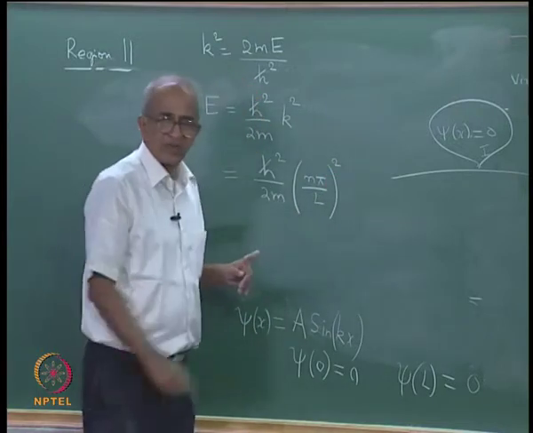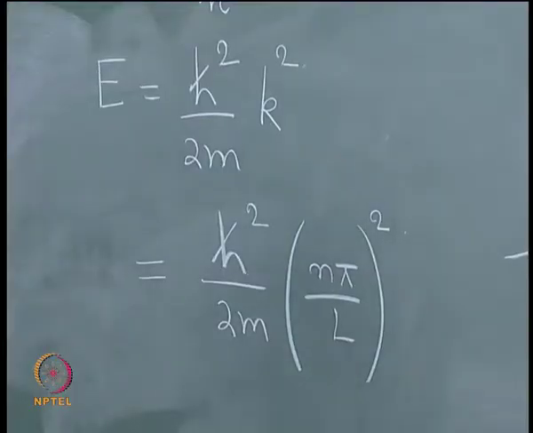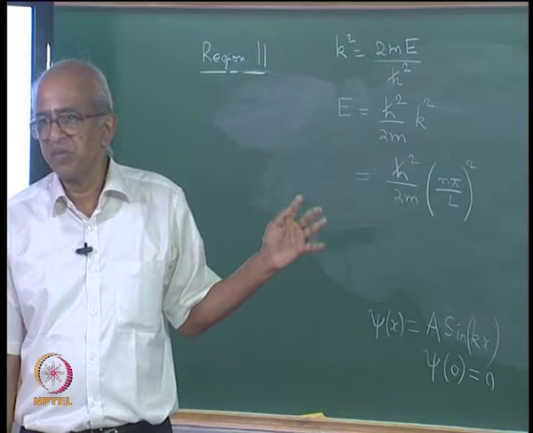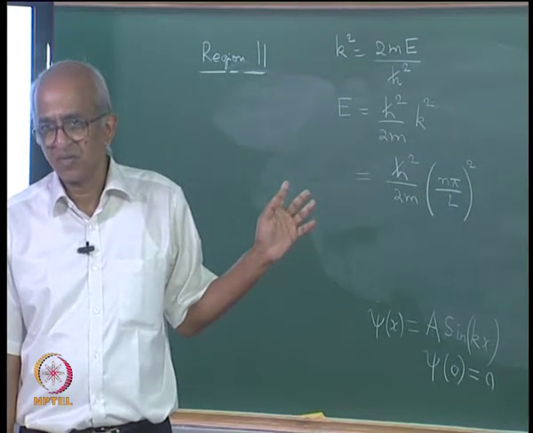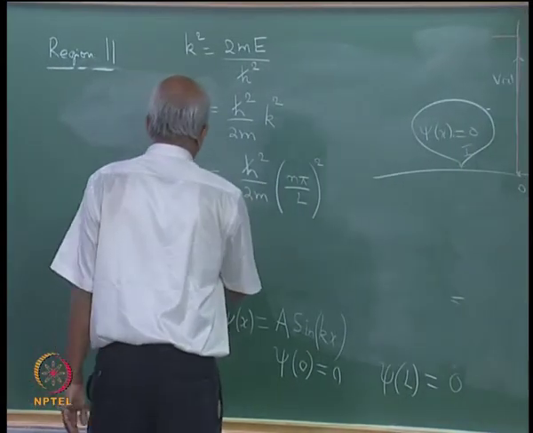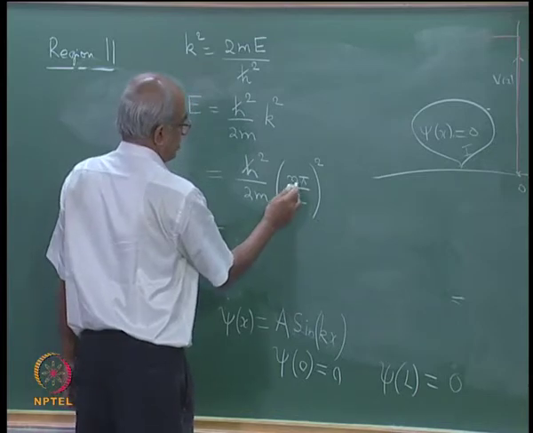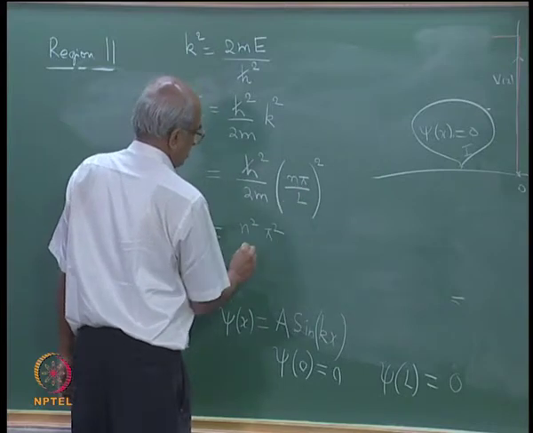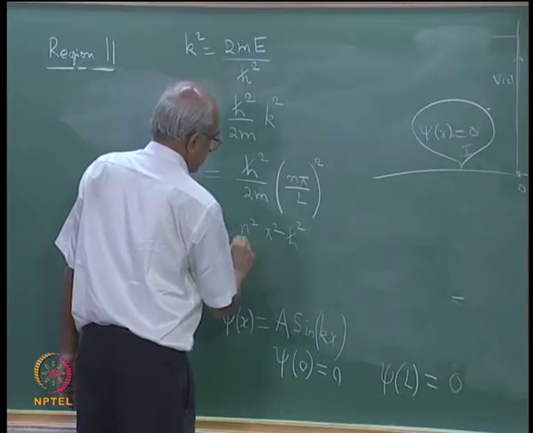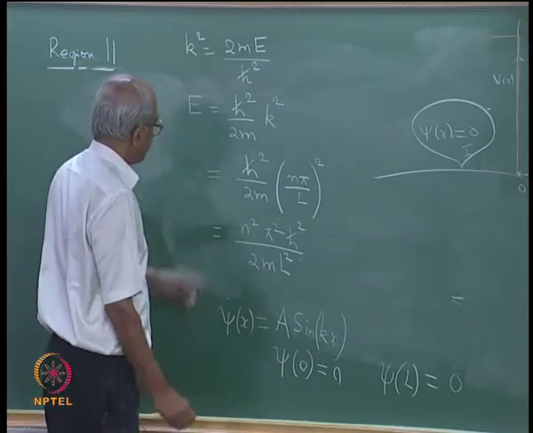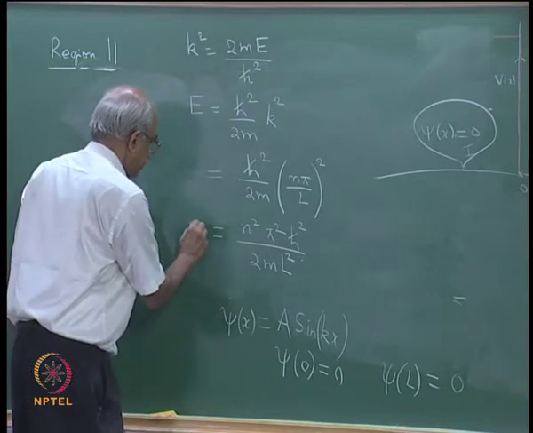Only if this is satisfied will you be able to get acceptable solutions. For no other values of E will you be able to get acceptable solutions of the time independent Schrodinger equation. And what are these values? I could write it in this fashion: n square pi square h cross square divided by 2 m L square. These are the values of energy for which you can get acceptable solutions.